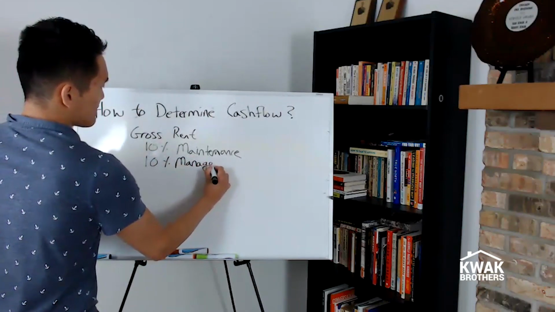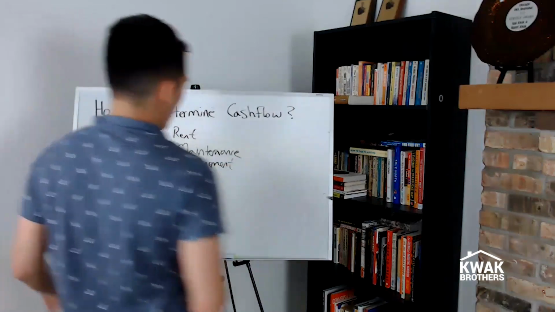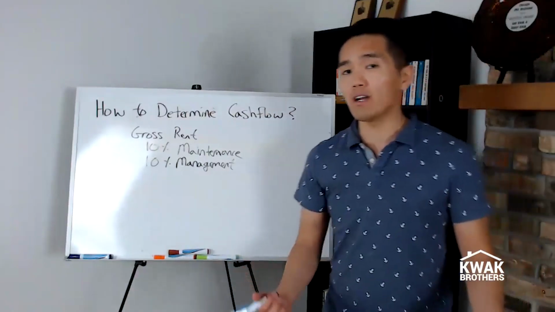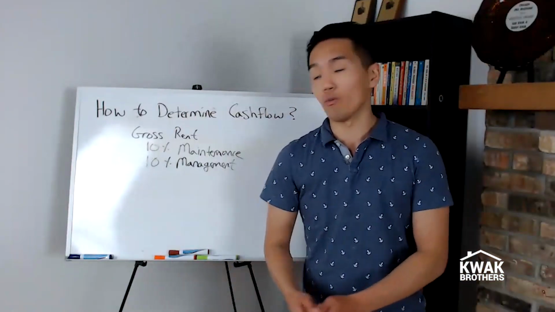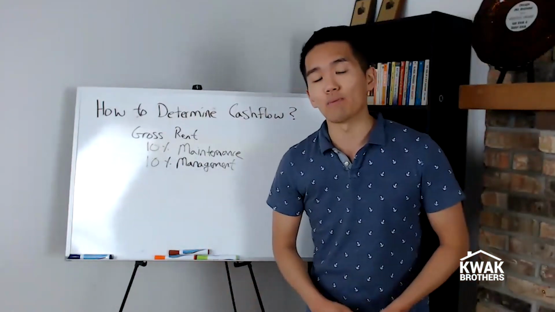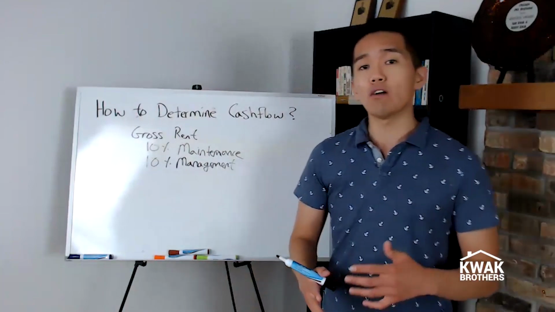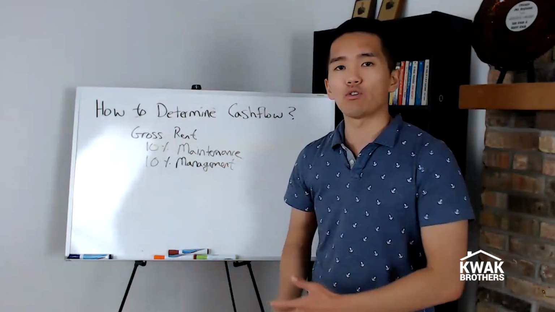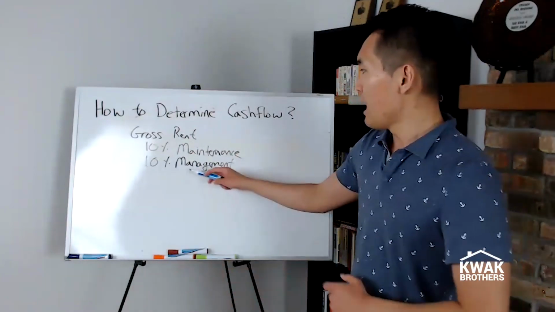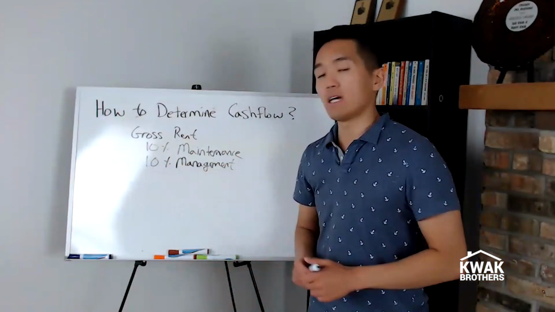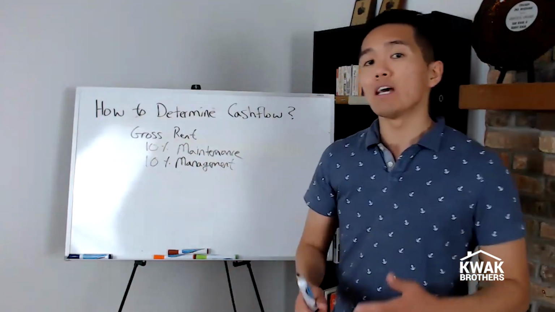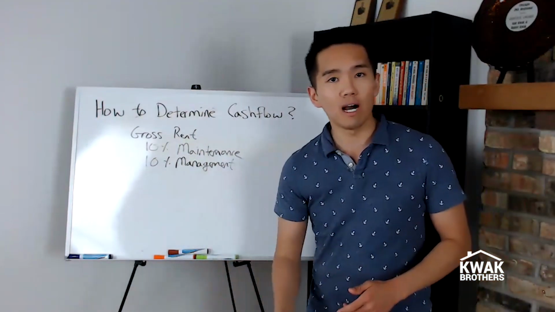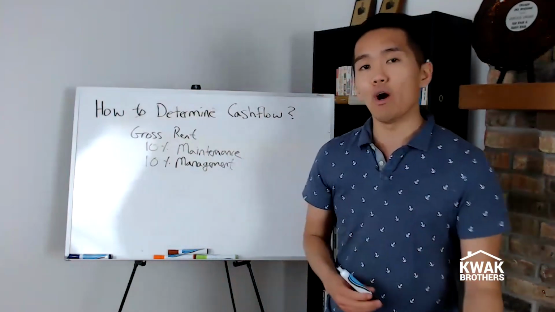Now, this is something that I debate a lot with other investors who've been investing a very long time, who often like to say, Sam, I like to manage my own property, so that's not applicable to me. Well, I would argue that whether you're managing your own properties or you have a property manager working alongside you, I always put 10% for management, because even if you do manage your own property, you're still having to put in your own time, and you and I both know your time is money.